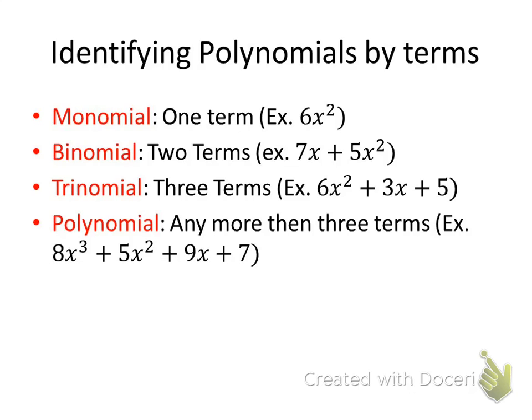Poly means many. Okay, so anything over three terms, 4 or more, we're going to consider a polynomial. So 8x cubed plus 5x squared plus 9x plus 7 is a polynomial because it has 4 terms. Okay?